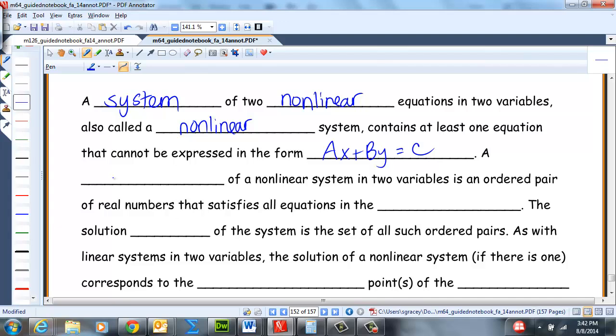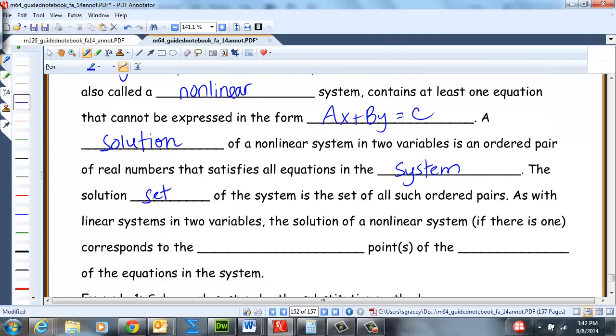A solution of a nonlinear system in two variables is an ordered pair of real numbers that satisfies all equations in the system. The solution set of the system is the set of all such ordered pairs.